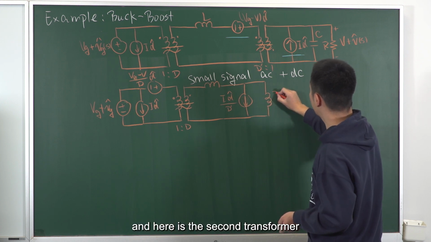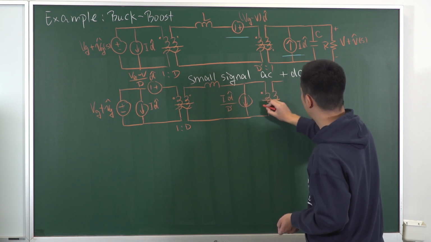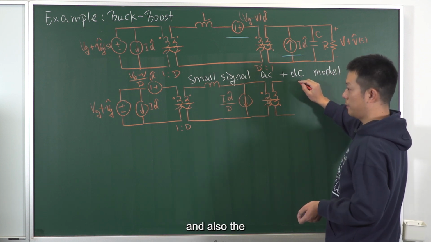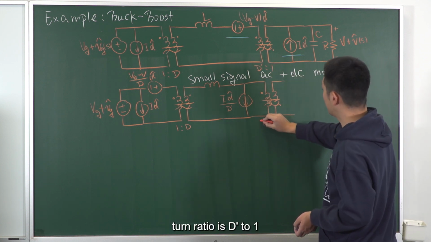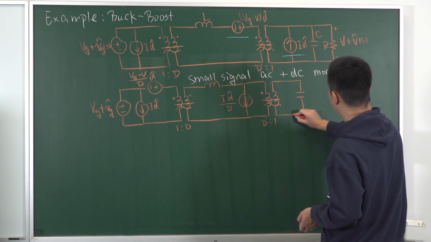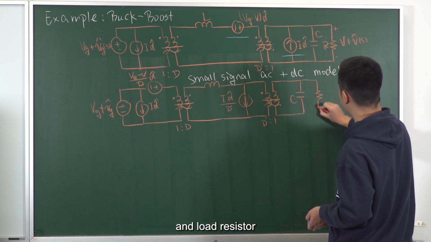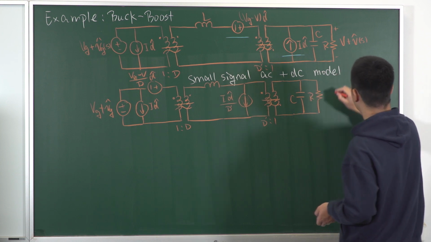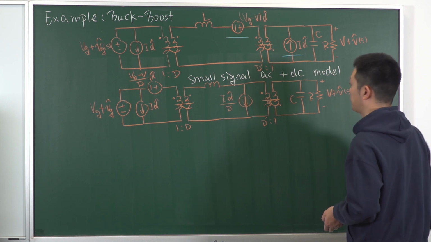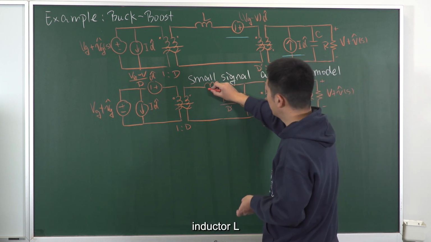And here is the second transformer, DC plus AC, and the turns ratio is D prime to 1, with the filtering capacitor, load resistor, output voltage, and the inductance L.